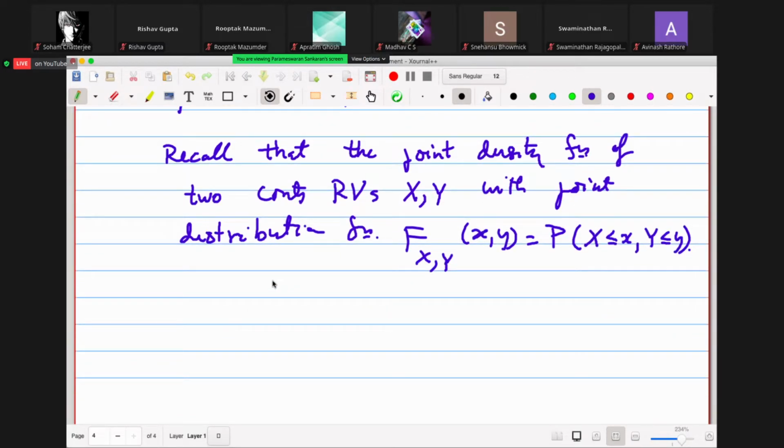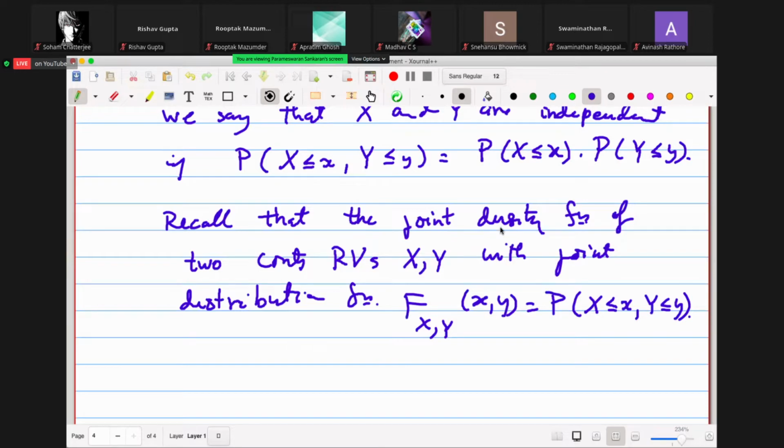Now, I said this thing, the joint density function, but I forgot to say what that function is. I write that here, f_XY of x comma y.